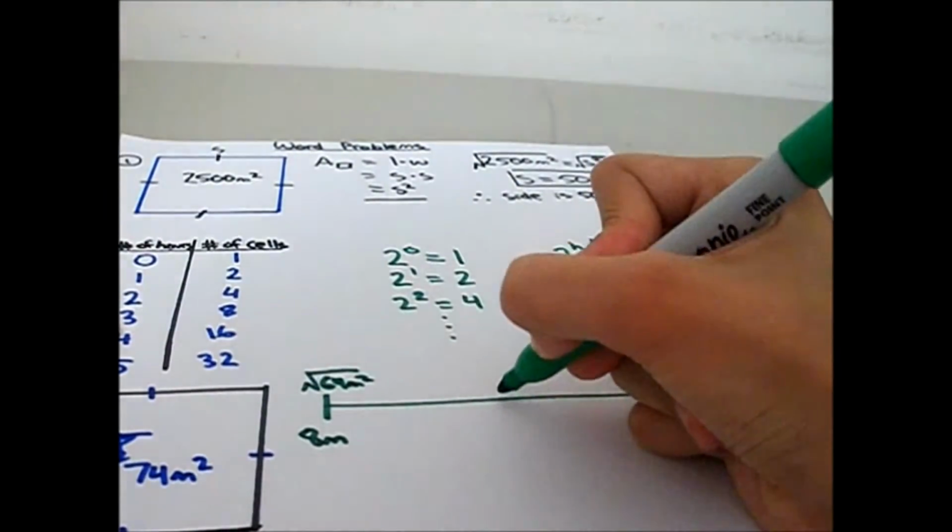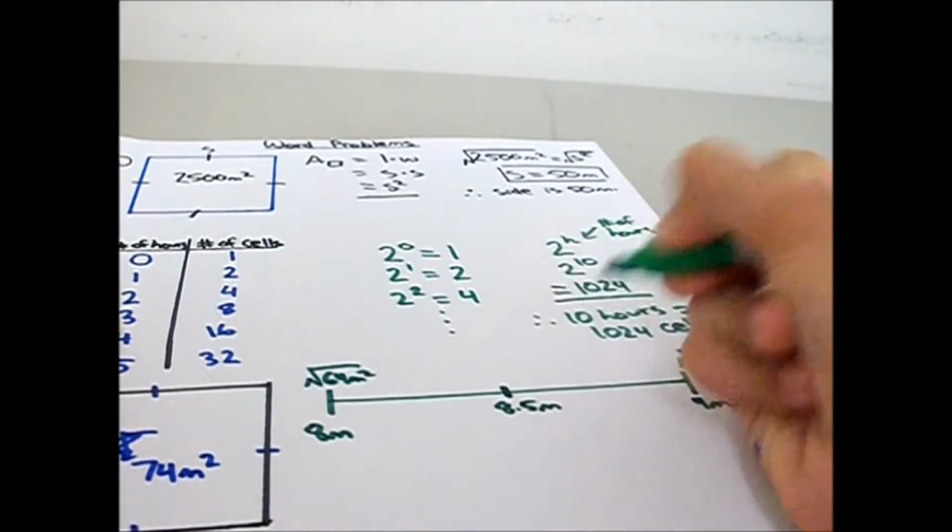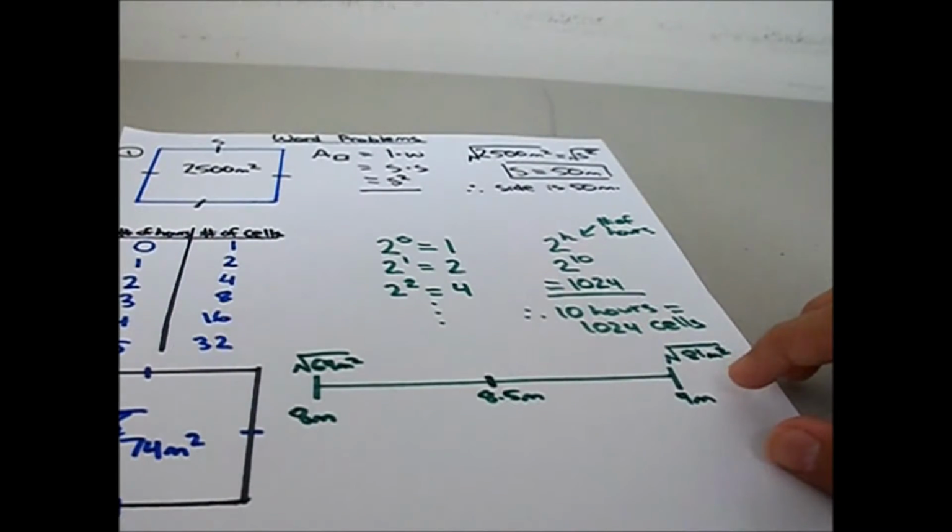Somewhere over here we have 8.5 meters. Upon observing, we can point out that 74 square meters is 7 steps away from 81 square meters, and approximately 10 steps away from 64 square meters.